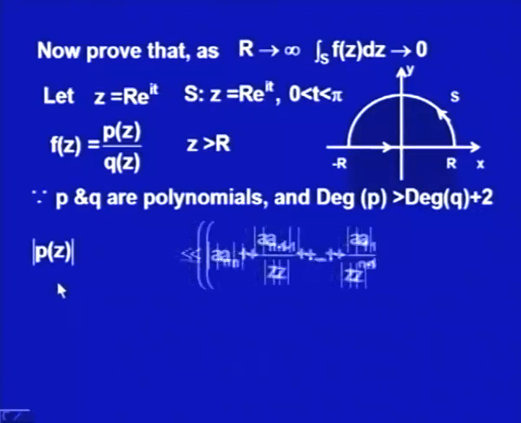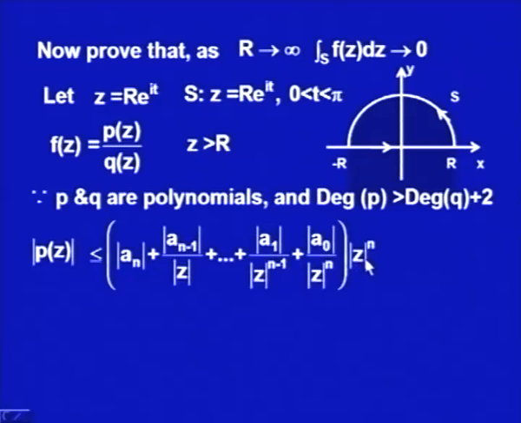Let us say P(z) is of degree n, a polynomial of the form a_n z^n plus a_(n-1) z^(n-1) and so on. As we did in one of our earlier lectures, we could take z^n as common and write P(z) as a_n plus a_(n-1) upon z plus a_(n-2) upon z squared plus and so on up to a_0 upon z^n, all multiplied by z^n.